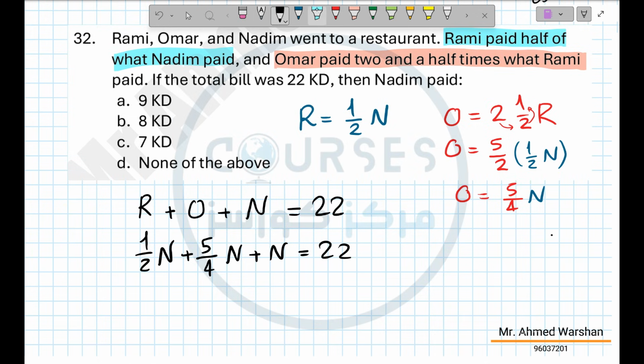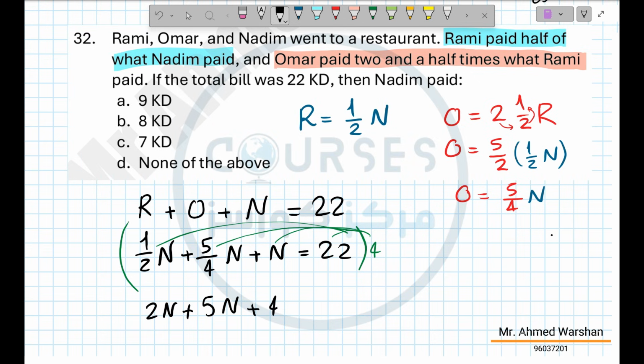We want to get rid of this denominator, so I'm going to multiply the entire thing by 4. So multiply the first one, it's going to be 4 over 2, which is 2, so 2n. Multiply the second one, it's going to be 20 over 4. 20 over 4 is 5.